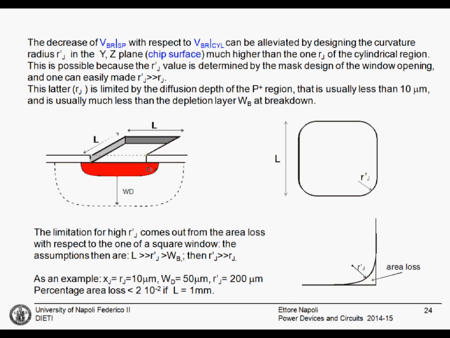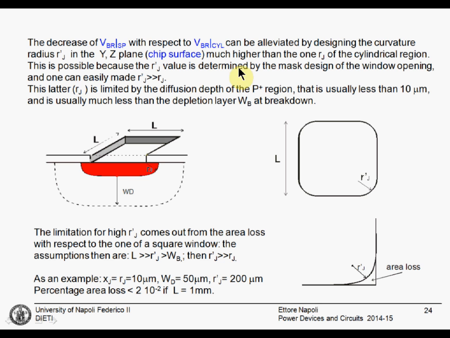When you solve this problem, you try to solve the next one. And here the first problem that we have is the spherical junction, which worsens the breakdown with respect to the cylindrical junction. However, this is a very simple problem to be solved.